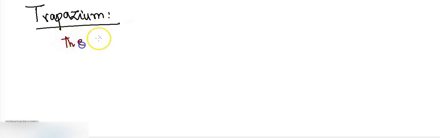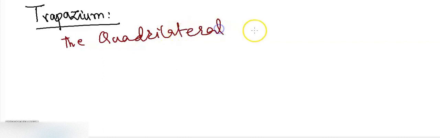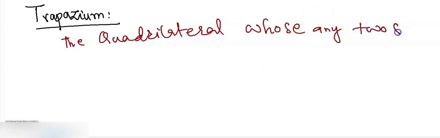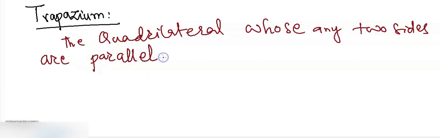The quadrilateral whose any two sides are parallel, that is called a trapezium.